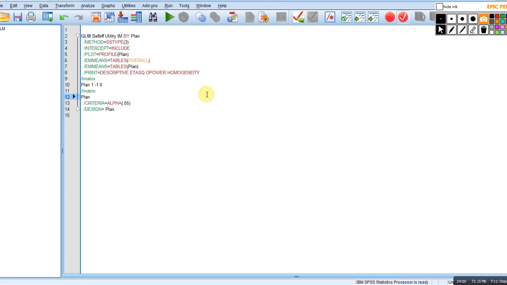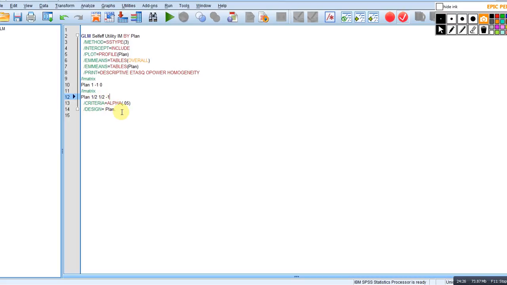So in this case I would say 1/2, 1/2, and -1. This instructs the program to take the average of the means for groups 1 and 2, the plan to attend college full and part-time groups, and then compare it against the mean for group 3, which is plan not to attend at all.